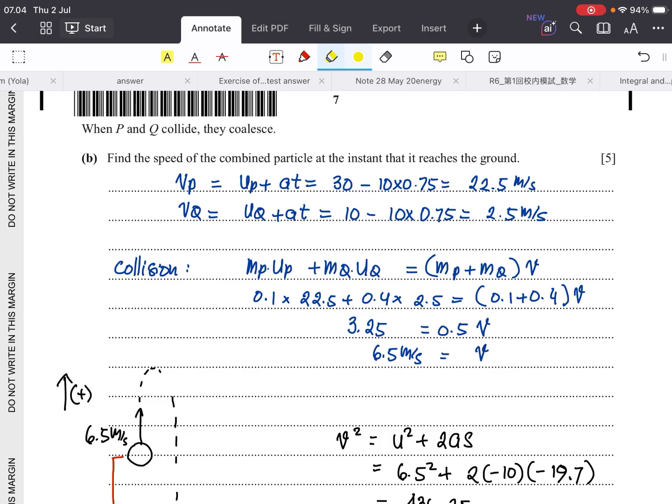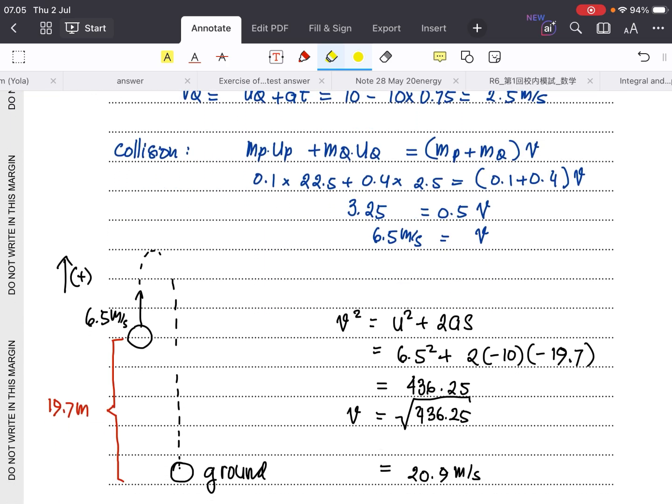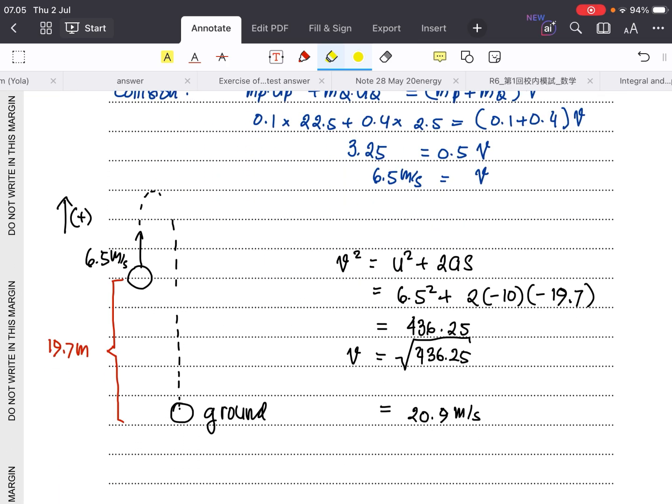And then we can continue to find the speed of the particle when the combined particle reaches the ground. So students, this is the diagram for the combined particle after a collision. We know after collision, the particle moves with speed 6.5 meters per second upwards.